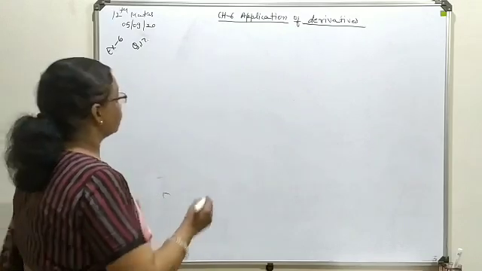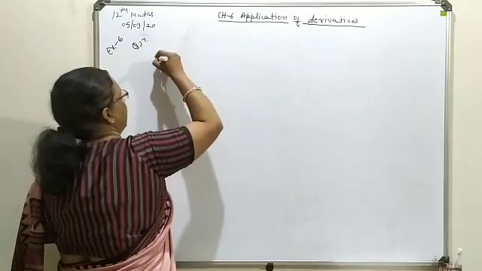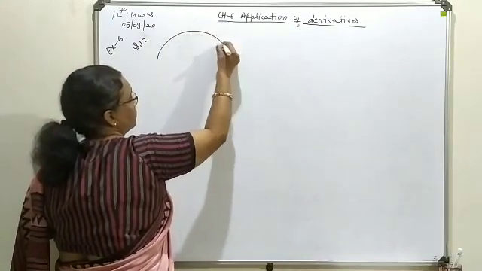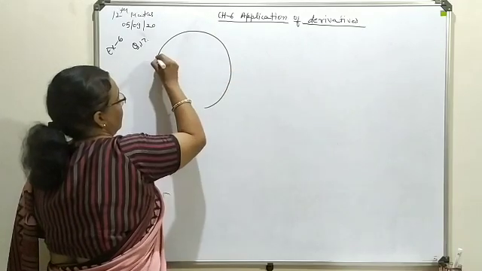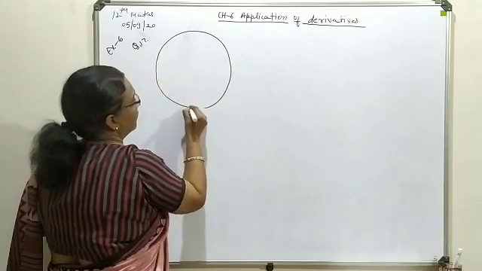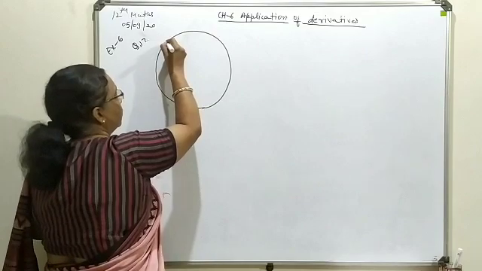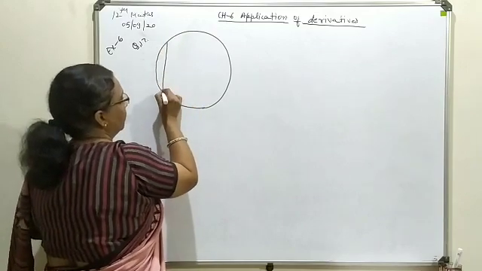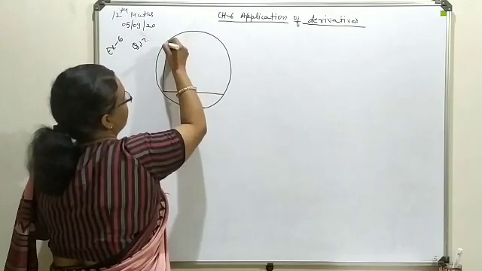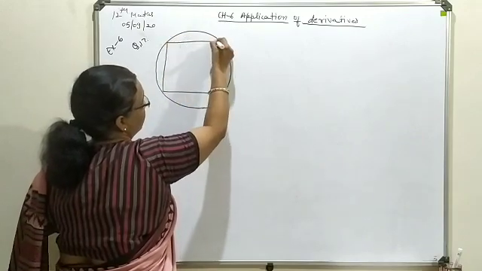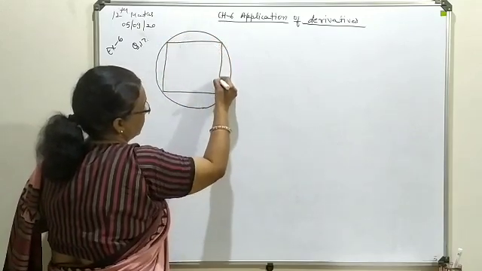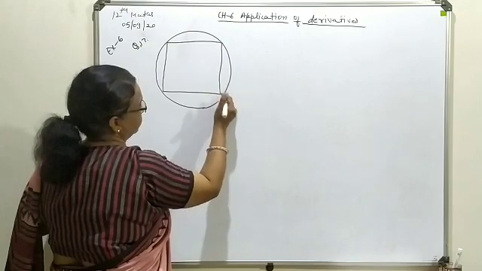So here one thing is changed. In place of a cone, now inside a sphere we have a cylindrical shape.